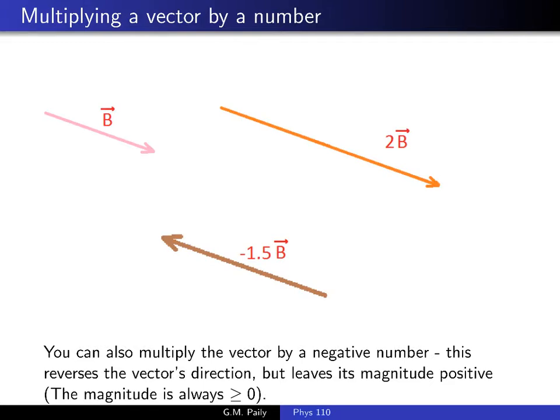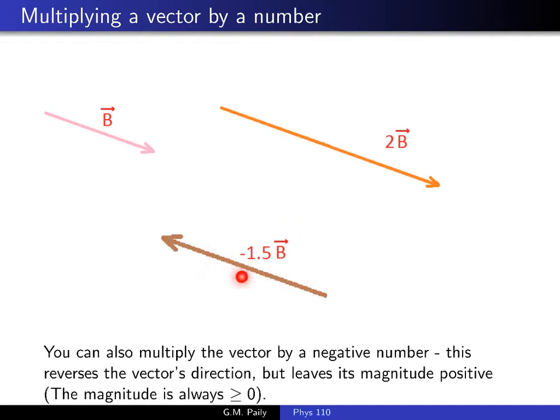The effect of the minus sign is reversing the direction. So instead of going to the right and down, this vector now goes to the left and up. We have reversed the direction. That is the effect of the minus sign. And then the 1.5 scales the length. So you can see that this new vector is longer than the original vector.